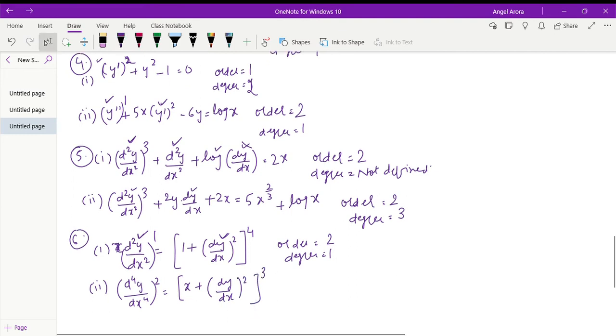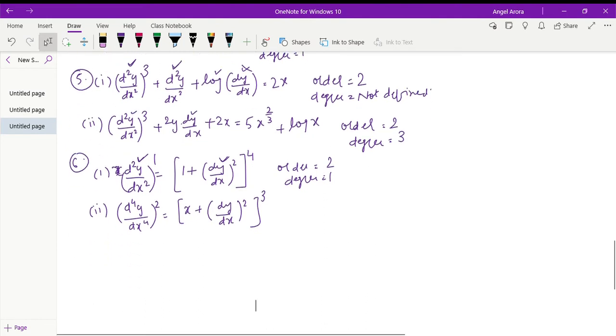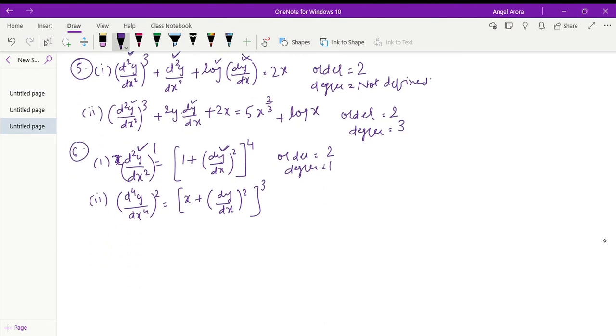So in this case, this is fourth order derivative in polynomial form. This is first order derivative in polynomial form. So order will be 4 and degree will be defined because both of these terms are in polynomial form, and degree will be 2 because power of highest order derivative is 2. So 4 and 2.